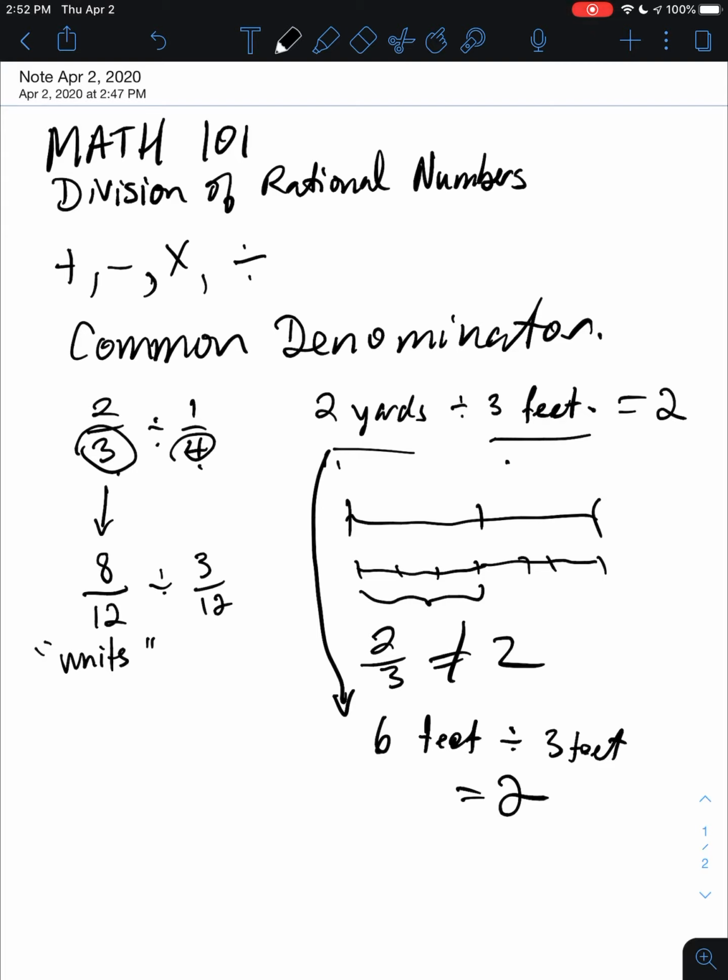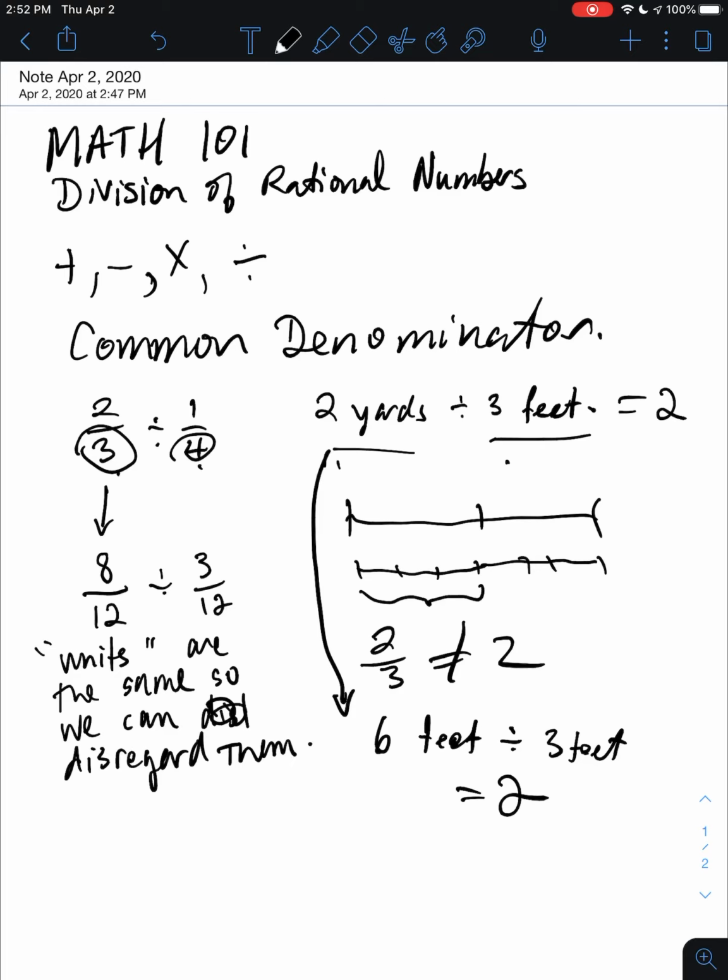Anyway, units are the same. So we can disregard them. So that becomes 8 divided by 3, which is written as a fraction as 8/3. Right, and that is the correct answer to this question, 8/3.